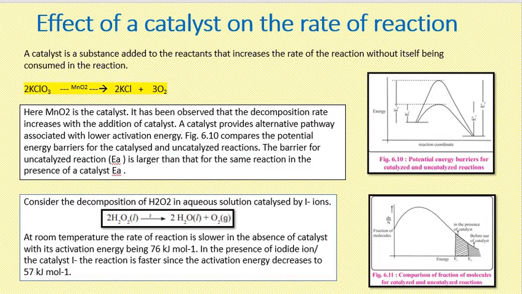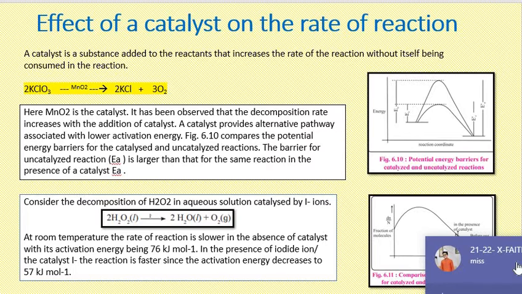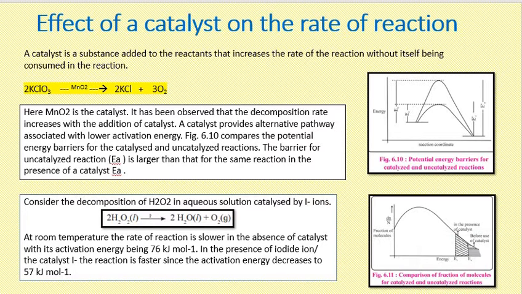Here it is a graph which is plotted in between the reaction concentration and activation energy. If we are doing this reaction without catalyst, it has to follow this path. Alright, and if I am putting catalyst, it has to follow this path.